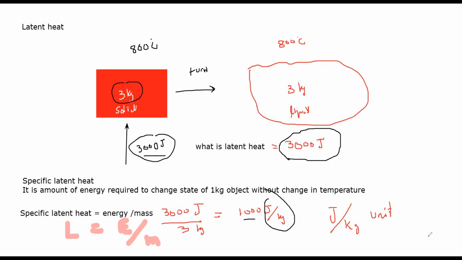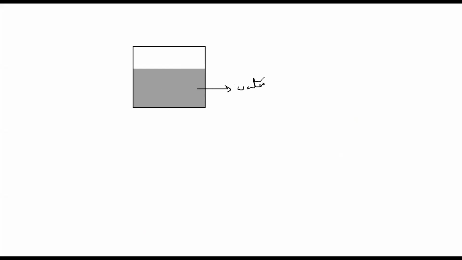I'll give another example. Say you have a container which is filled with water originally, and the water temperature is 20 degrees in the beginning. You supplied heat energy, say you supply 500 joules.